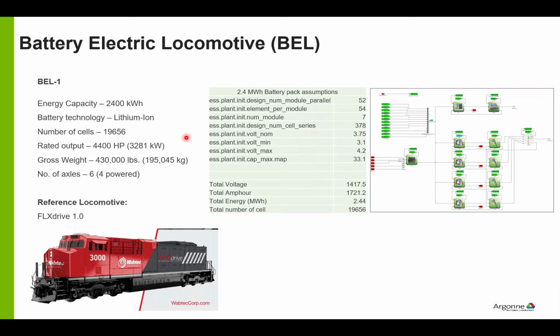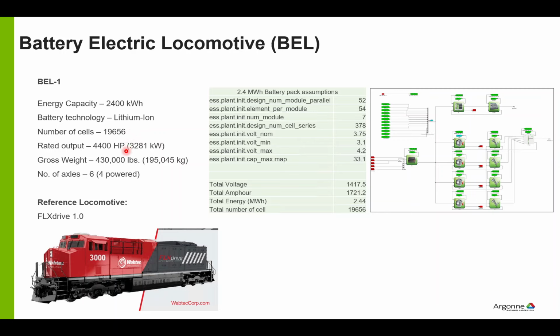With that, we came up with a total number of cells for our configuration of around 19,656, and for the Flex Drive, according to the data available in the public domain, it uses close to 20,000 cells. So we are very close to the actual number of cells used in the actual locomotive.